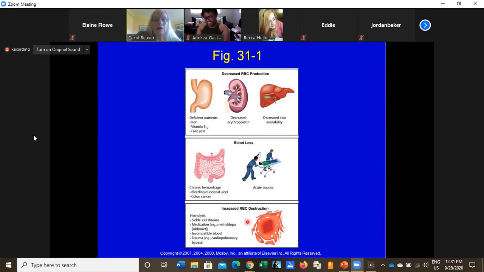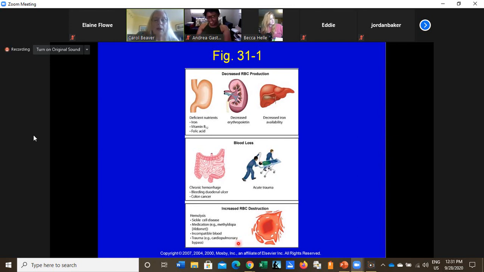Anyway, so acute trauma can definitely cause blood loss, of course. And then we've got the increased red blood cell destruction, the hemolysis: sickle cell disease, medications like methyldopa, Aldomet is the brand name, and incompatible blood. If you get a transfusion and it's not your blood type, there can be increased destruction, lysis of those cells.